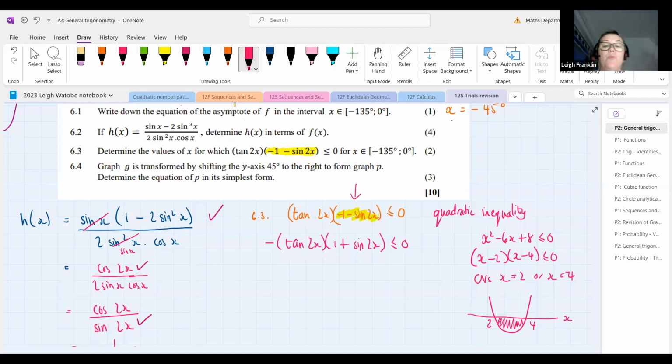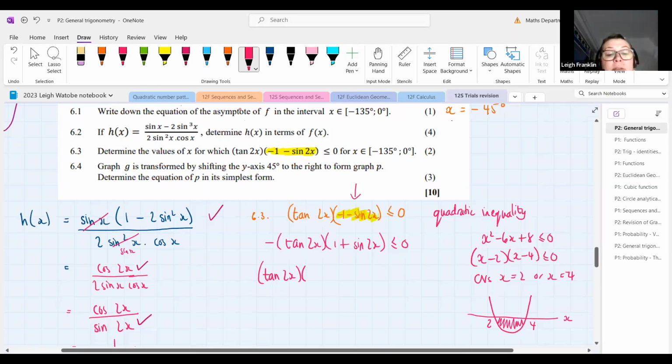And what happens when we divide by the negative on both sides of our inequality? What happens to the sign of our inequality? Can anyone remember? Yeah, it changes. It flips around.